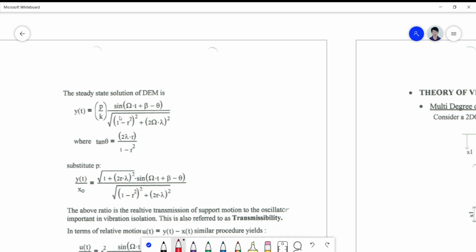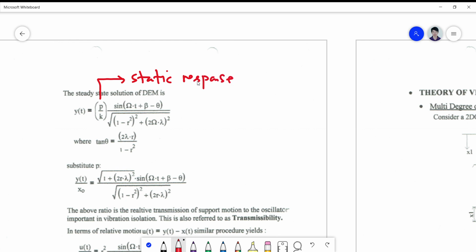So this p over k is separated because it defines the static part of your deflection or response.